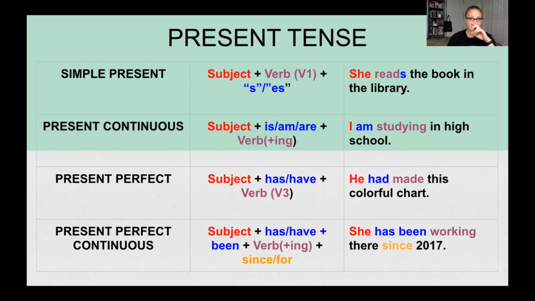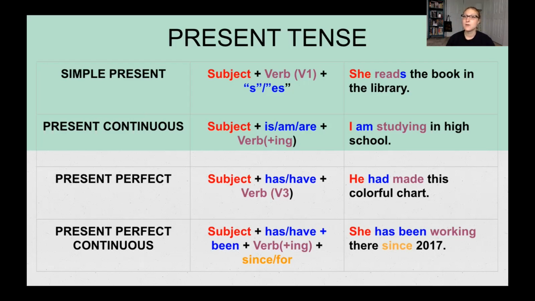Okay, then present perfect continuous. This is our last present tense that we're going to go over on this page. Subject plus has slash have been. You have to add that been with it, okay? Plus your action verb with the ing, and you also need to add in a since or a for, all right?